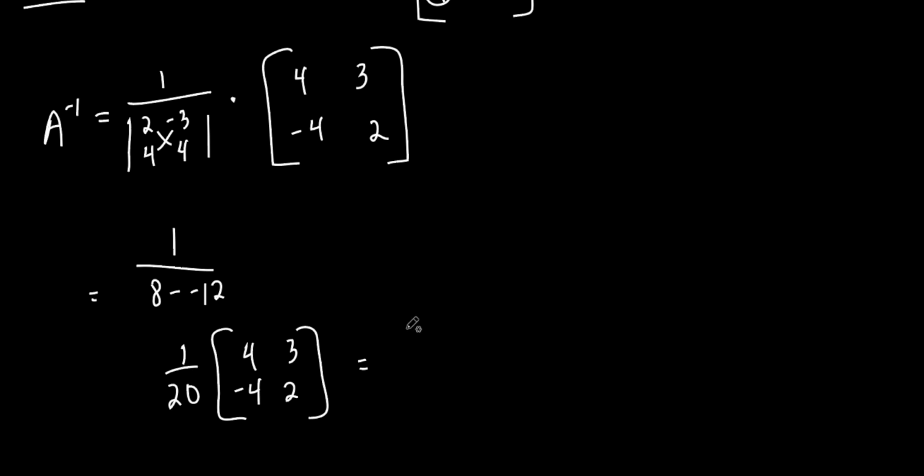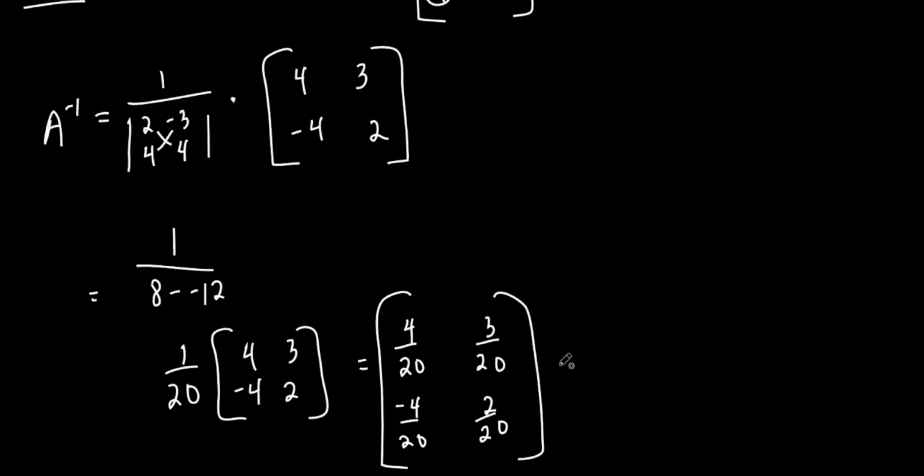What's 4 times 1 over 20 is just 4 over 20. And then this would be what? 3 over 20. This would be negative 4 over 20, and this would be 2 over 20. Okay? That's in a matrix, so I'll keep it in the matrix symbol.